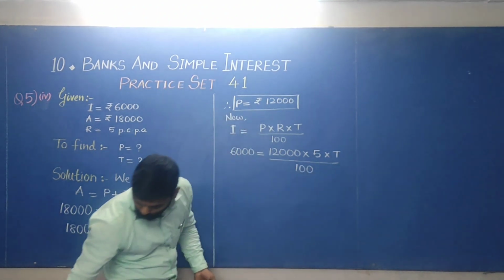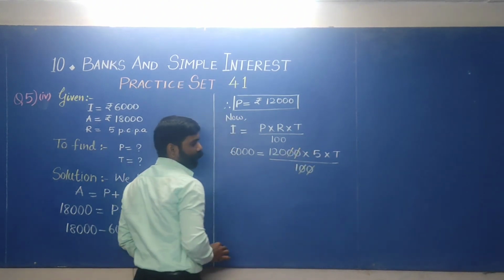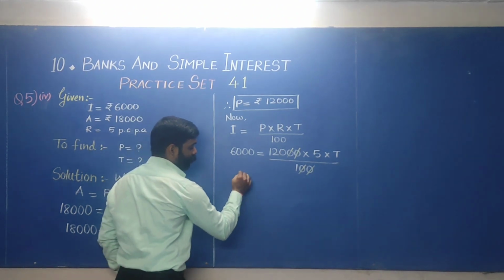Okay students, so we will cancel out these zeros. Now we are taking these numerators to the left hand side.